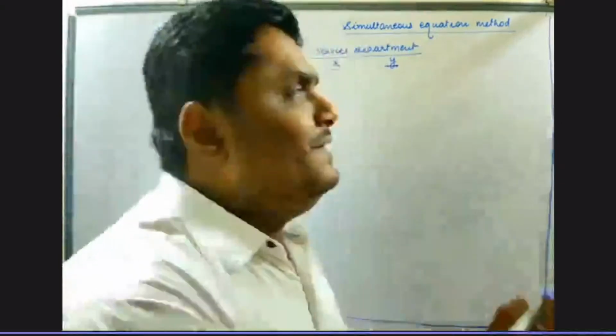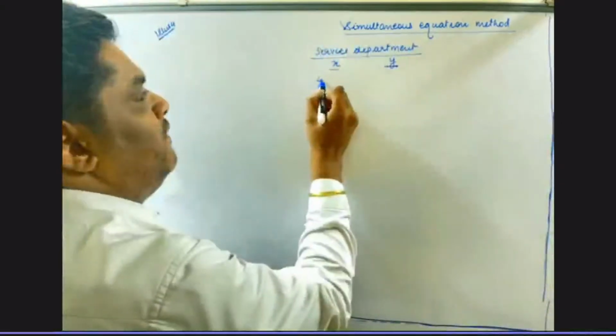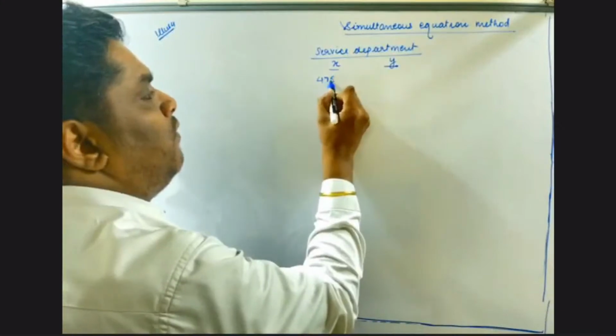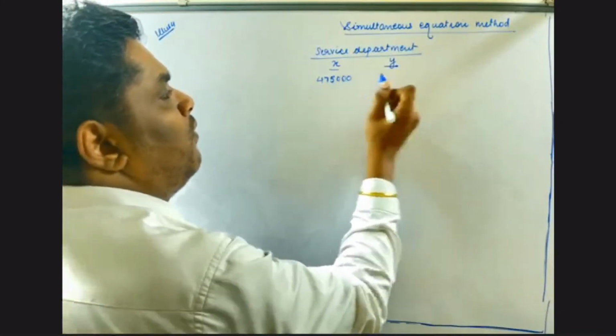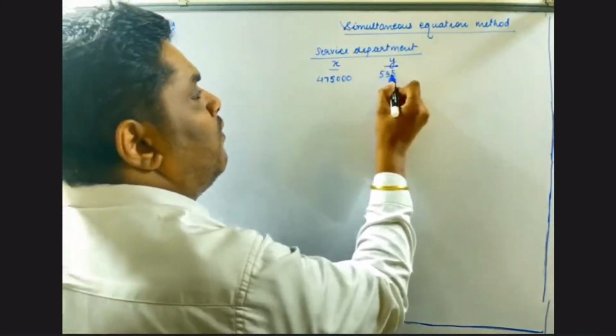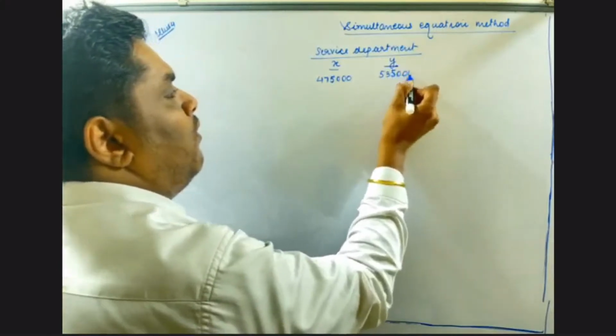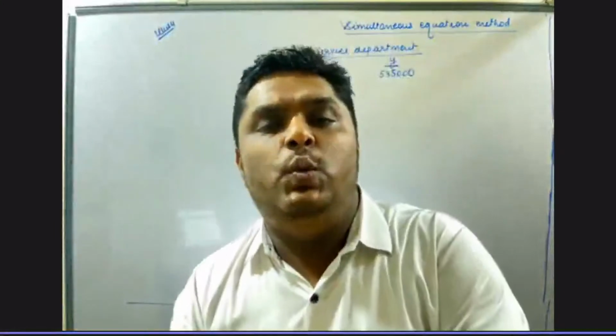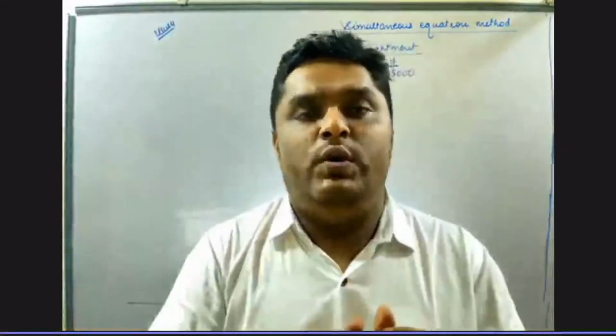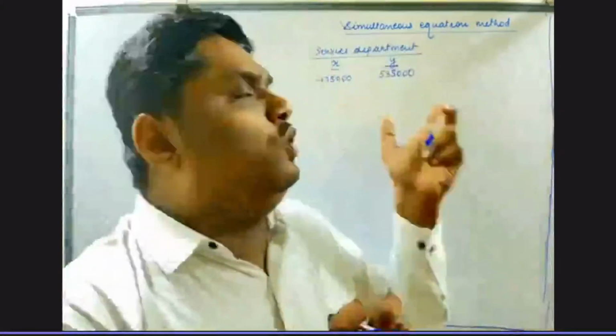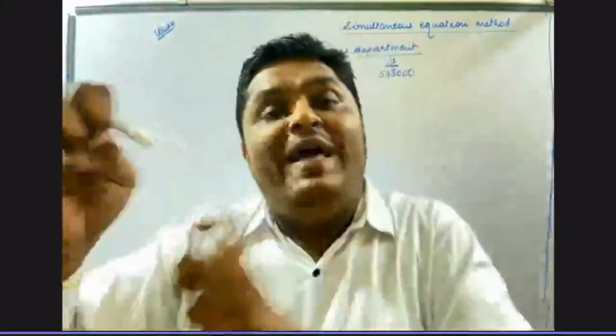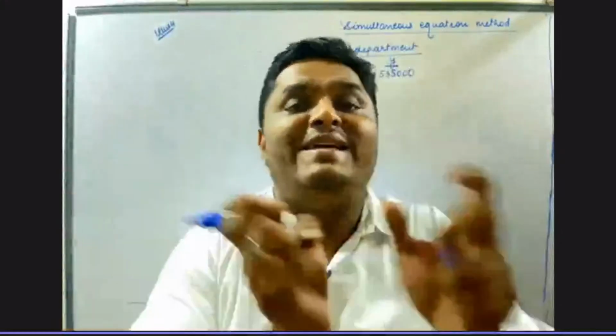That is 475 and 535. Now, X is providing services to Y, Y is providing services to X. So these are not the total overheads. Inside X, something of Y will also be added, and inside Y, something of X will also be added.